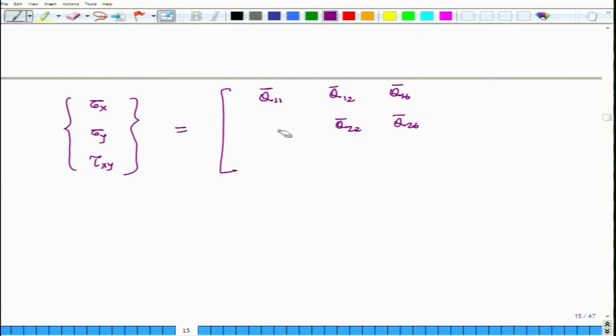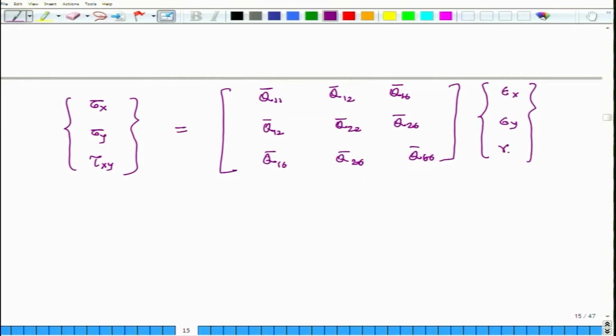The first element of the second row is Q12 bar, because it is a symmetric matrix, and the last line is Q16 bar, Q26 bar and Q66 bar, times the appropriate strains. So, appropriate strains are epsilon x, epsilon y, and the shear strain gamma xy.